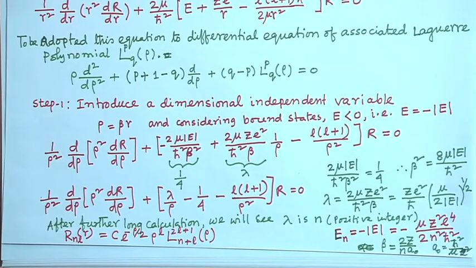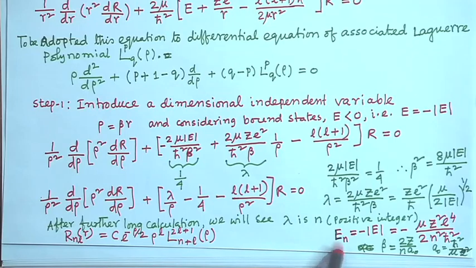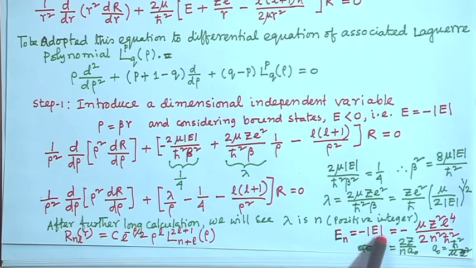Interestingly, you can see that if I take lambda equal to n, then immediately from here you can see this E. I have written E n, lambda equal to n, equal to basically minus E mod E equal to minus this sign.